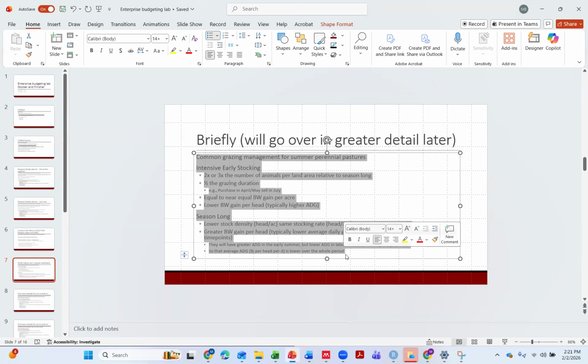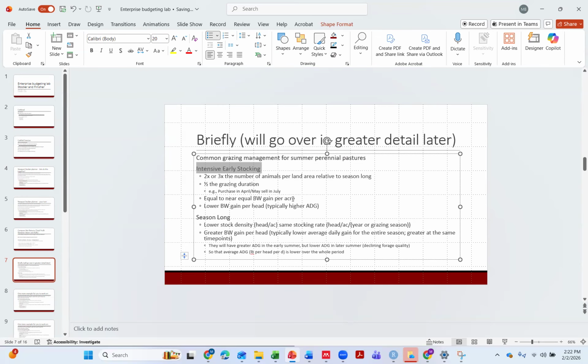We're going to go over that in a lot more detail in subsequent lectures, but just to set the stage for this budgeting exercise we're going to do, intensive early stocking and season long stocking are two very common grazing management practices for summer perennial pasture grazing systems.